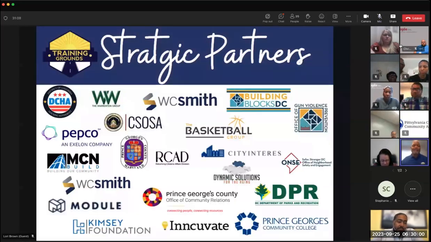Okay, and you can see in the 19 years, these are some of our current and previous strategic partners. We work with government agencies in DC and Maryland, and with private developers that happen to have communities of 2,000 and 3,000 individuals. DC Housing Authority is not on here, but they're one that we've done a lot of work with in their communities.